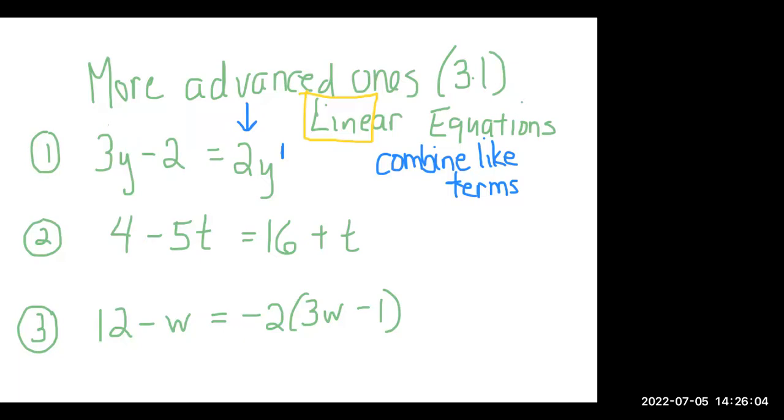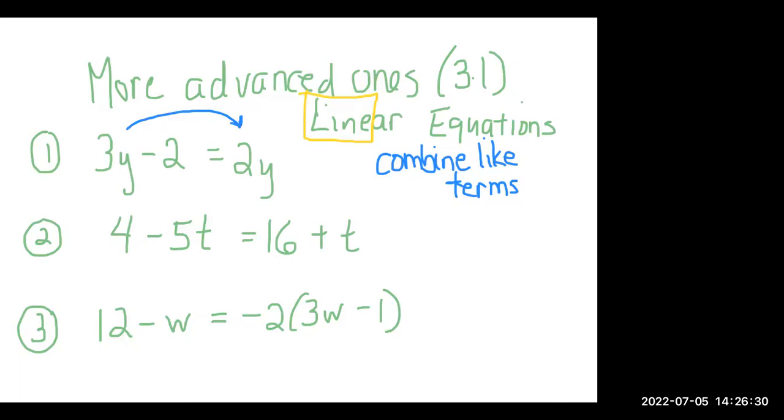So we'll just combine like terms, and 2y over here, actually, you could move 2y over there, take away 2y from both sides, and end up with the answer. Or you could move 3y over here. So start trusting your judgment.